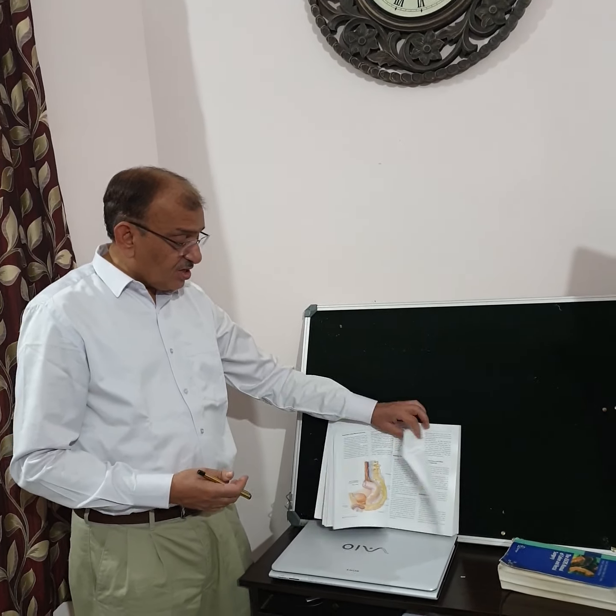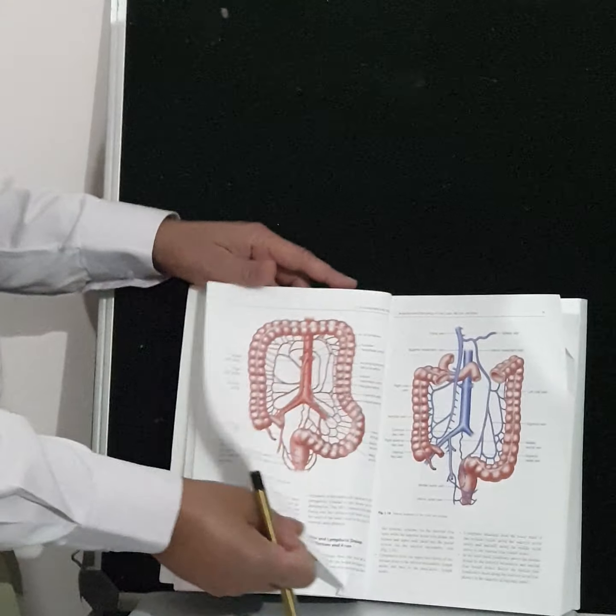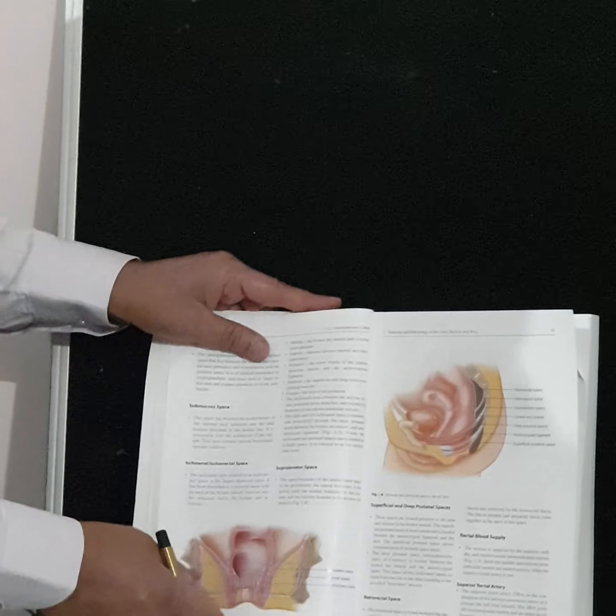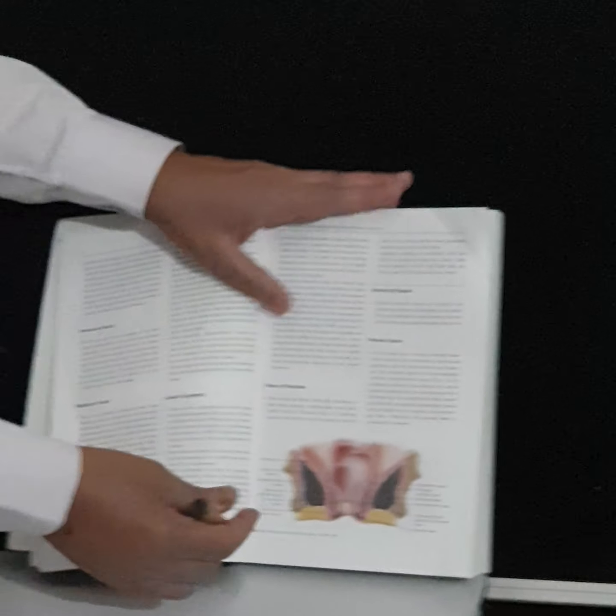And as I said, there is a fascial covering. The peritoneum covers up to the upper and middle part of the rectum.